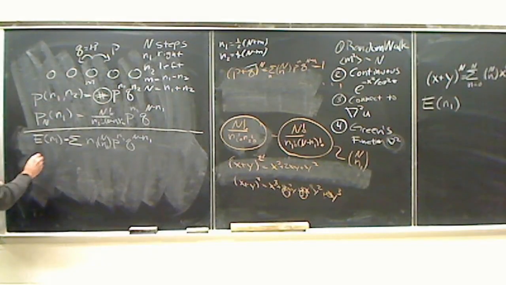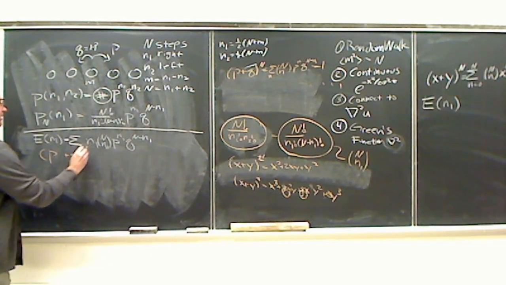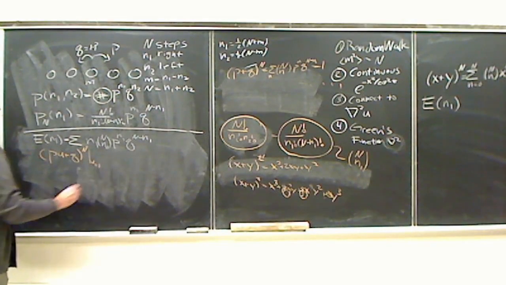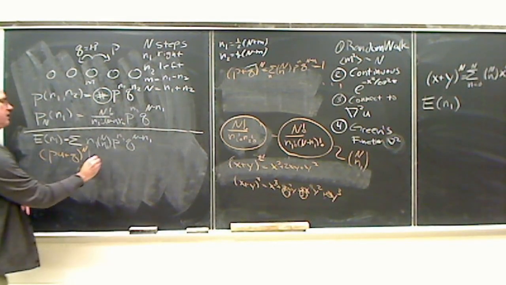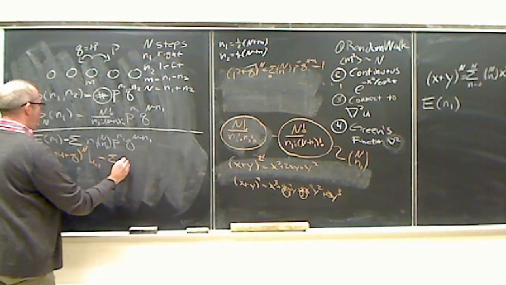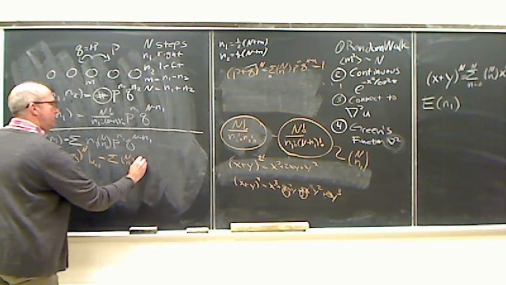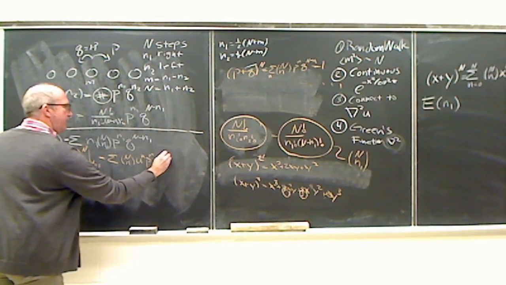What we're going to do is take p plus q to the n, and stick a u in here. And then we're just going to pretend that u equals 1, but that u is something that I can do stuff with as well. So this equals the sum on n choose little n times u to the n, p to the n, q to the n minus n.